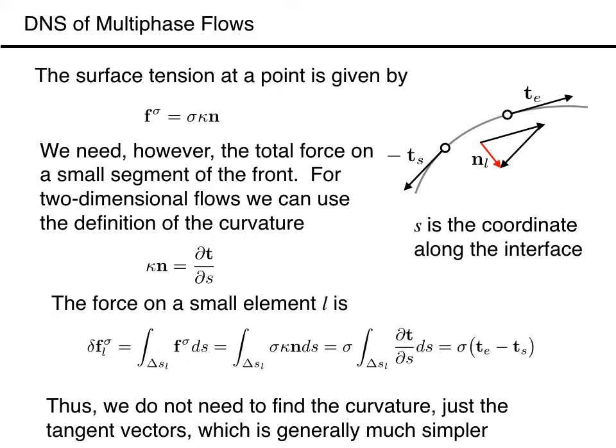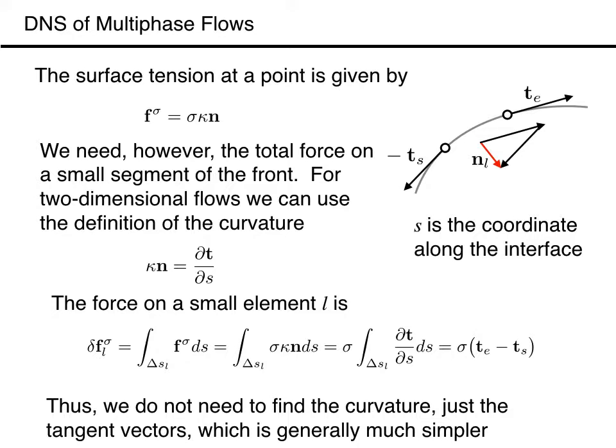While we may be tempted to write down the force per unit area and then multiply it by the area of the interface segment, it is better to go back to the definition of the surface tension. We can get there from the standard definition of the interface force by using that the curvature times the normal is, by definition, equal to the derivative of the tangent vector with respect to the interface length, s.